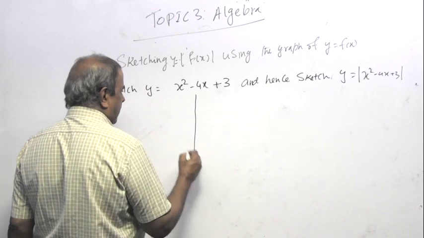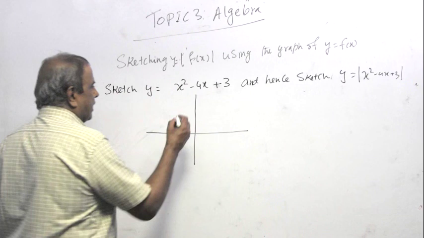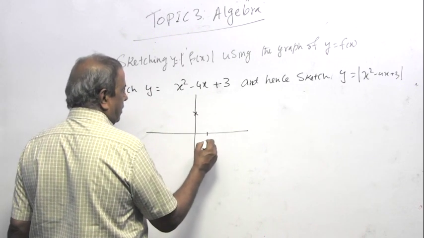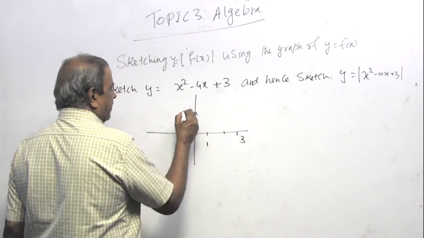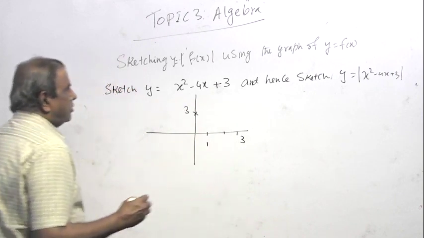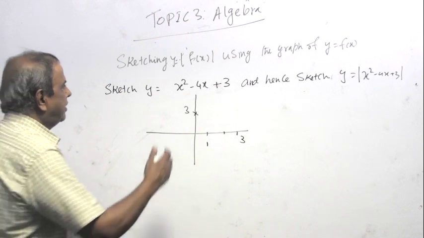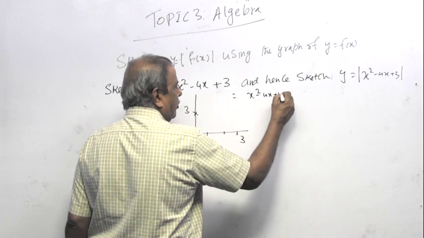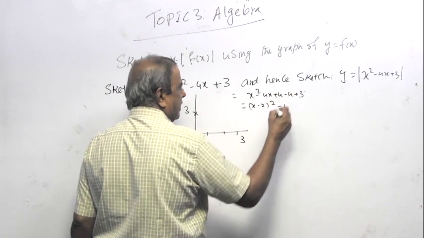Without going into all the details, because you people are clever, you equate it to 0, y equal to 0, x is 1 and 3. Then x equal to 0, y is 3, and by completing the square, I can write this as x squared minus 4x plus 4 minus 4 plus 3, which is x minus 2 whole squared minus 1.